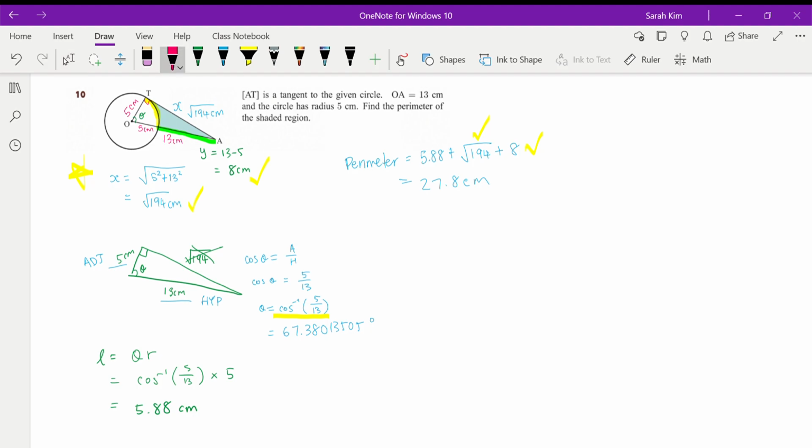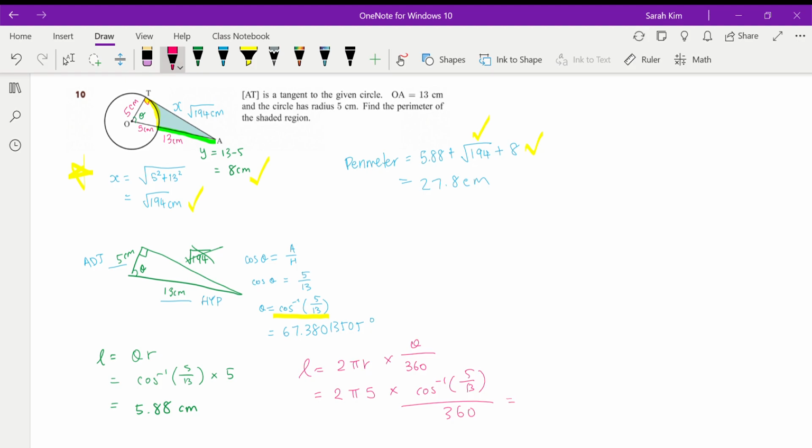What if I try the degrees? I don't know if that changes anything, but 2 pi r times theta over 360. I really don't think that should change anything, but we'll give it a go. 2 pi, the radius is 5, times theta. I'm going to write the exact answer for theta and then 360.